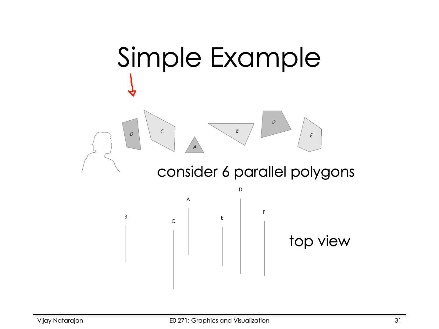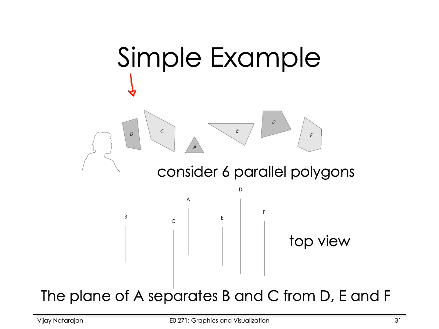So from the top view, you can kind of see that the plane of one of them, let's say A, separates B and C from the rest. So this is the idea of the BSP tree.